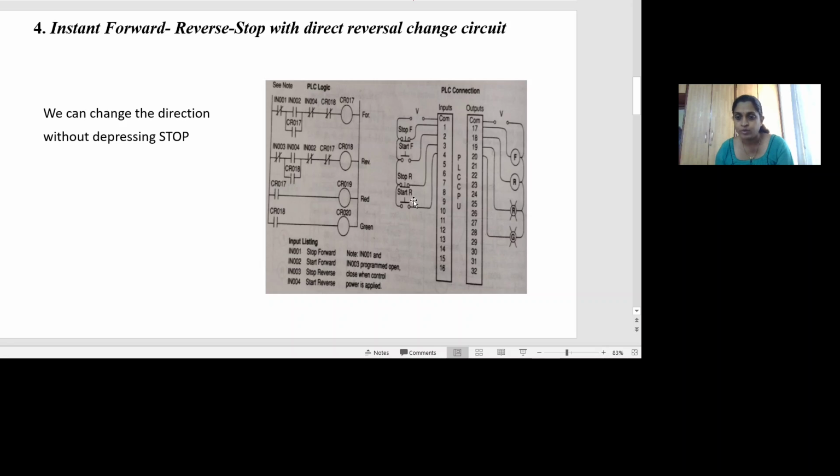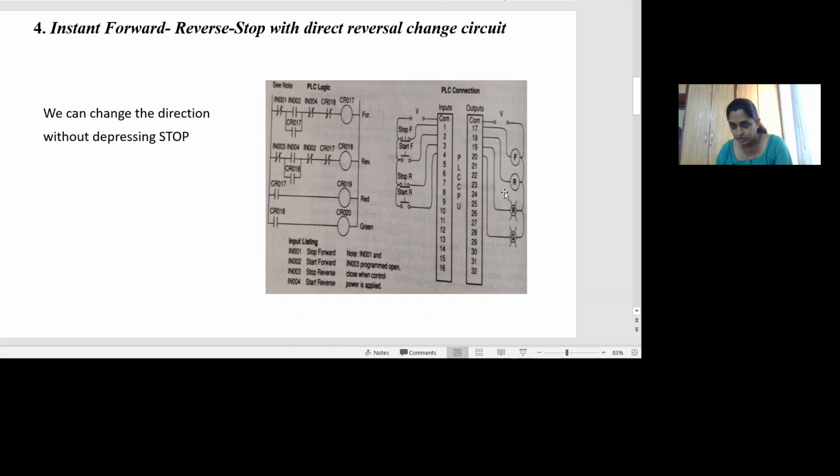And if the motor is running in the reverse direction and finally I want to stop it, I have to energize the stop reverse switch, shown as stop R, connected between the terminal common and terminal 3.